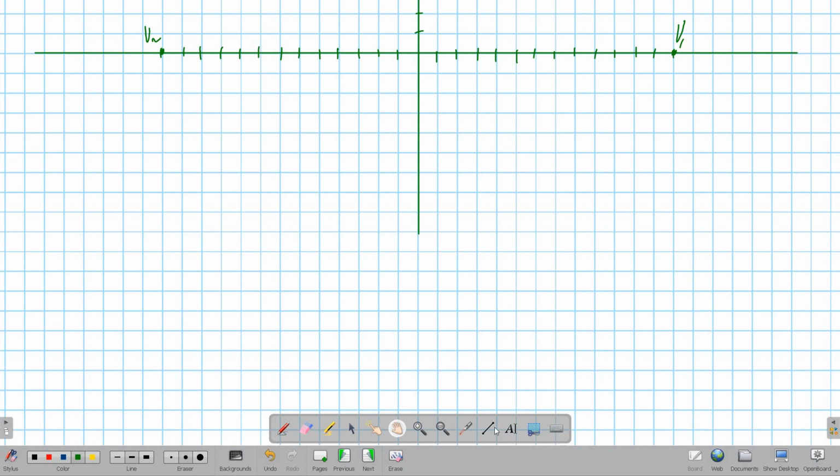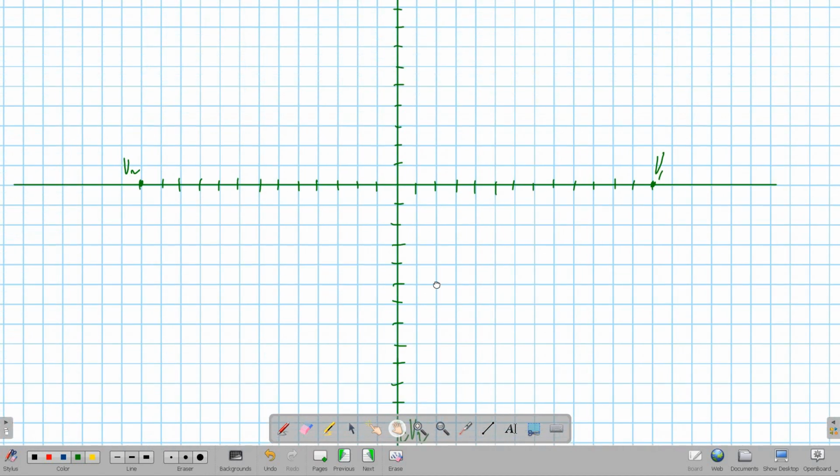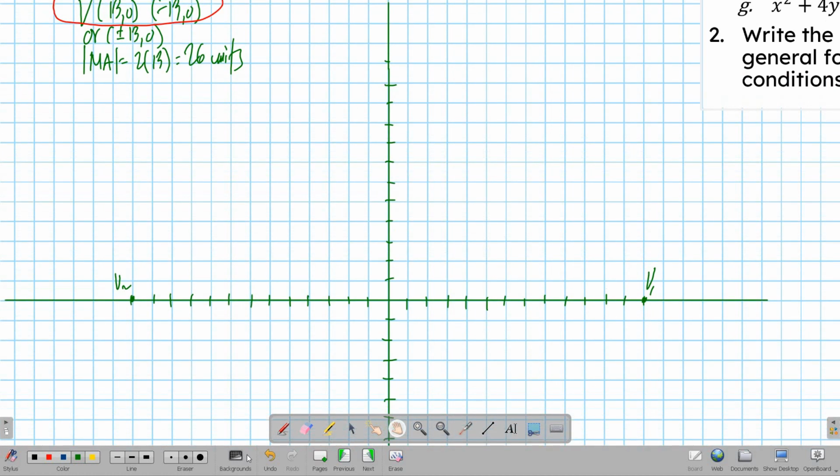It is not, so let's extend already. There you go. So we have 1, 2, 3, 4, 5, 6, 7, 8, 9, 10, 11, 12. So this is the second co-vertex. The other co-vertex is here.